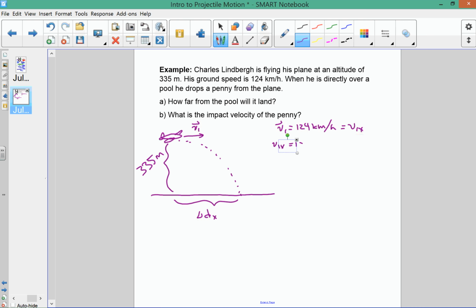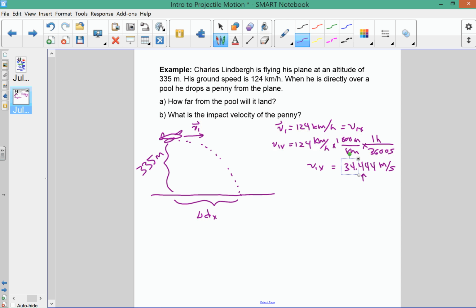So this is actually going to be 124 kilometers per hour times 1,000 meters in a kilometer times 1 hour in 3,600 seconds. So we'll get V1x is 124 times 1,000 divided by 3,600. That's 34.444 repeating meters per second.